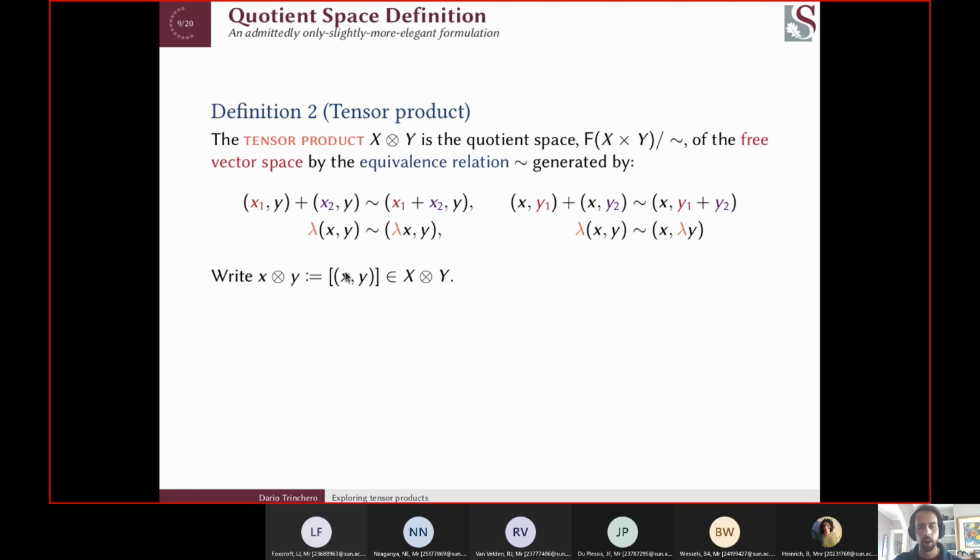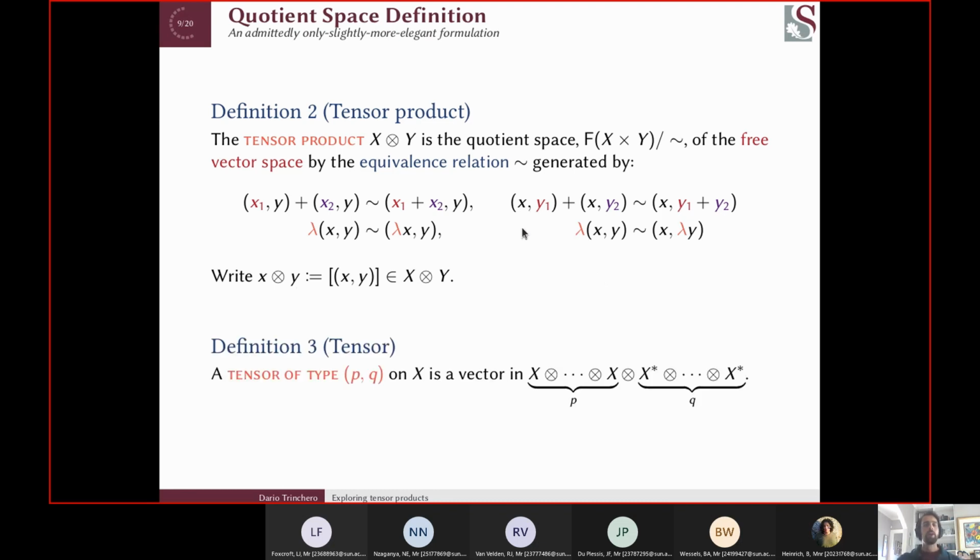So the equivalence class of a pair is instead written with this notation, x tensor y. When I say equivalence class, remember, I just mean everything equivalent to x comma y. Equivalent under what? Equivalent under these identifications that identify things that are the same under linearity, which we've imposed, yeah?